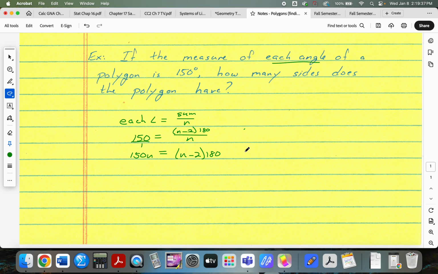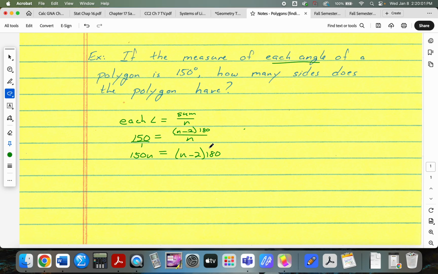For this problem, you have two choices at this point. You could divide both sides by 180, but that's going to give you a fraction over here, right? And most of you would rather not deal with fractions. I'm with you. If I can, have my choice between whole numbers and fractions, give me whole numbers every day. They're easier. They're more natural.